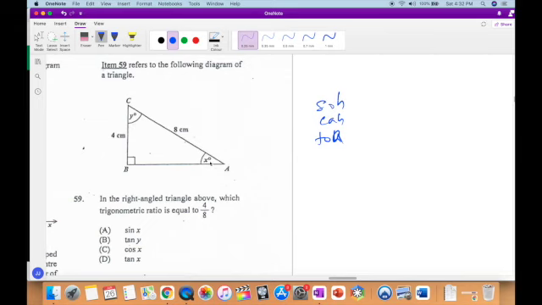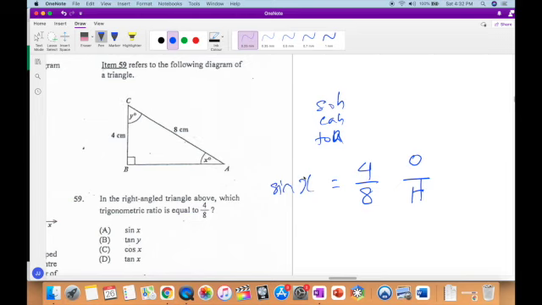It depends on the angle that you're dealing with, because with 4 over 8, if you're dealing with angle x, 4 is the opposite and 8 is the hypotenuse, right? So we can see here that this will be the sine, which is opposite over hypotenuse.